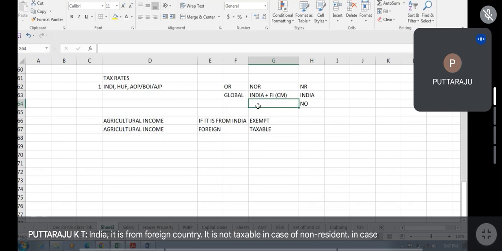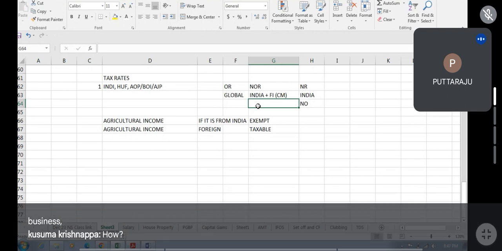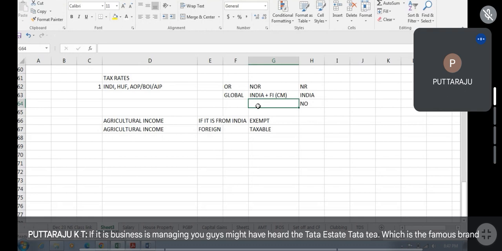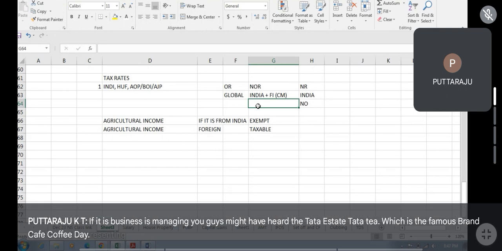In the case of NOR, if it is managing the business, you might have heard of Tata Estate, Tata Tea, and the famous brand Cafe Coffee Day. Have you heard? Yes.